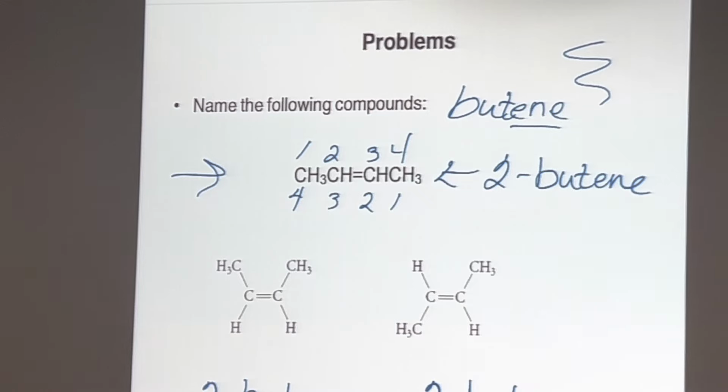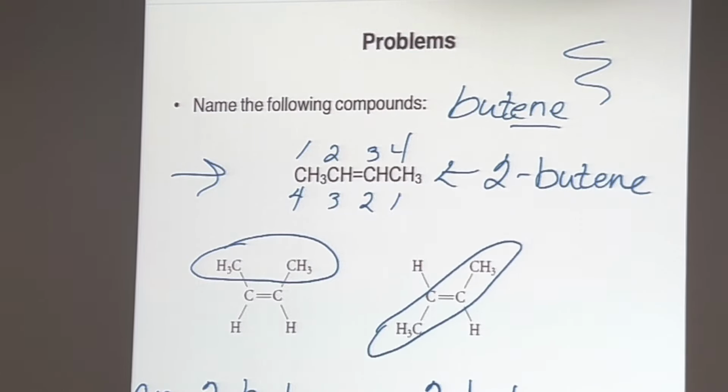If you have the non-hydrogen groups, the big groups, on the same side of the double bond, right there, that's going to be your cis-2-butene, and you put cis and then -2 right before butene. So that's cis-2-butene. And if you have your non-hydrogen groups across the double bond, like that, that one is trans-2-butene.